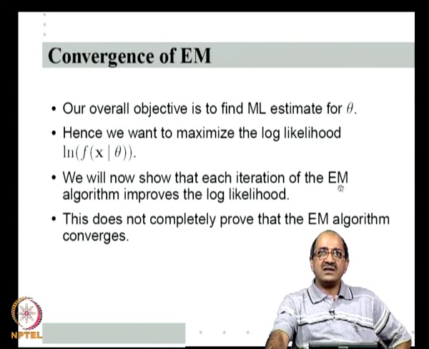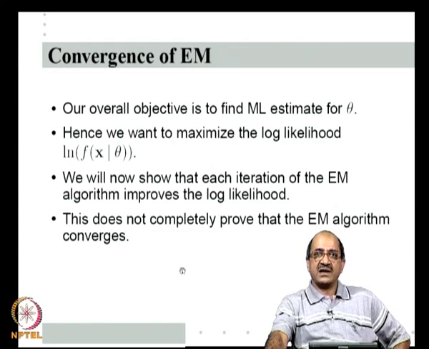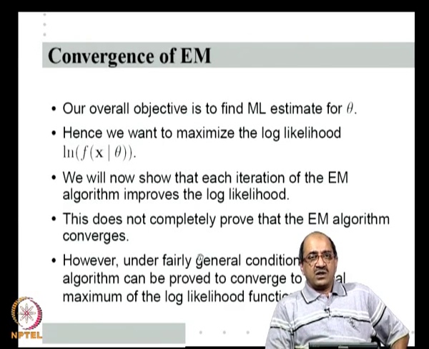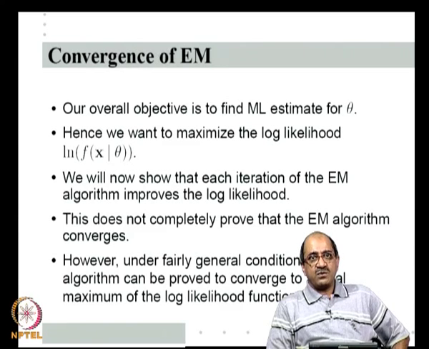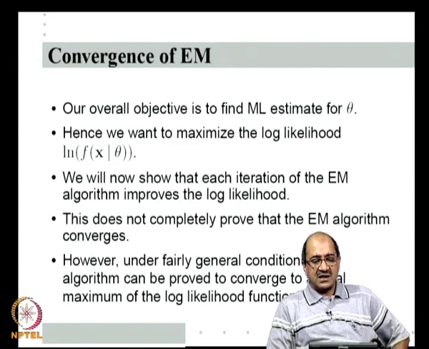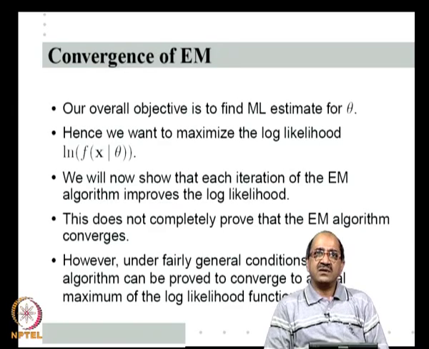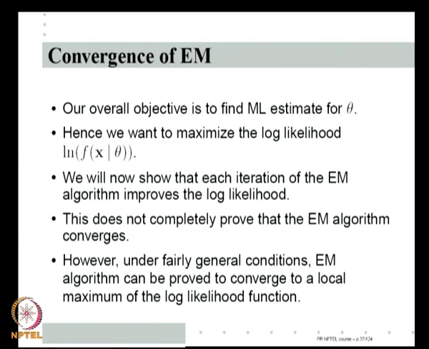So, just showing that each iteration improves the log likelihood does not necessarily prove that the EM algorithm converges. So, even though we are not showing you the complete convergence proof, we would like to state still that under fairly general conditions, the EM algorithm can be proved to converge to a local maximum of the log likelihood function. Of course, what we prove should give you sufficient idea why it should happen, because you are showing that each iteration is like a gradient ascent on the log likelihood. Okay.